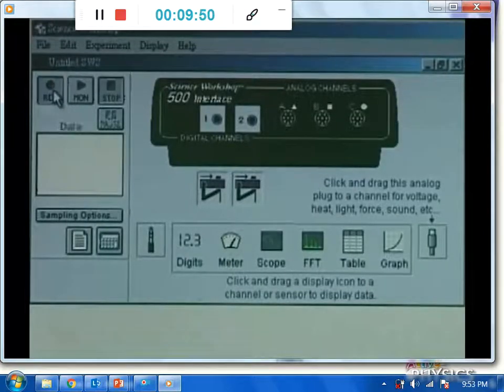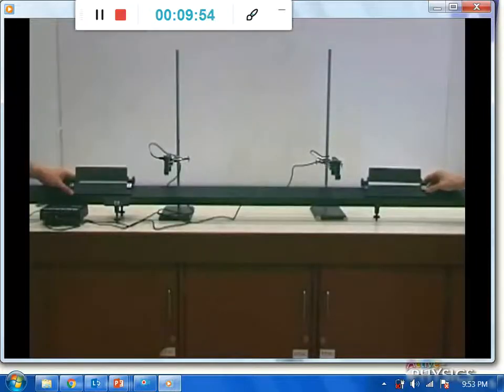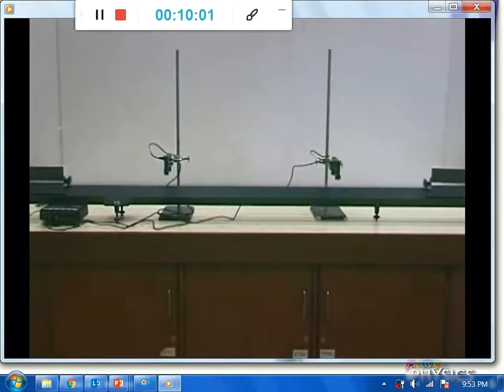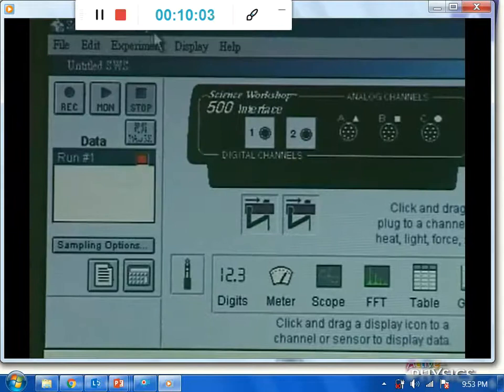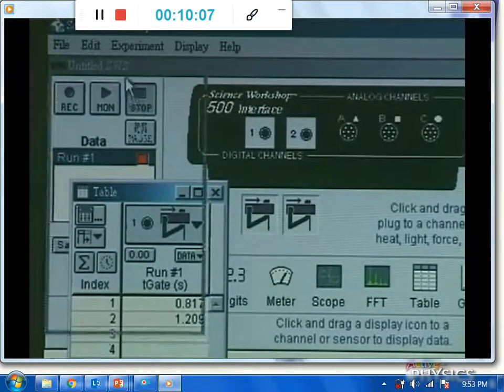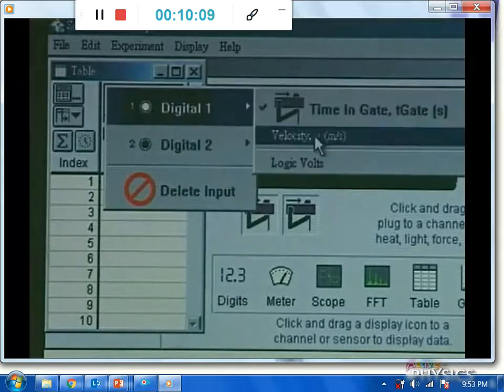Then start data recording. Make the riders collide. From the data recorded, calculate the sum of momentum of the riders before and after the collision.